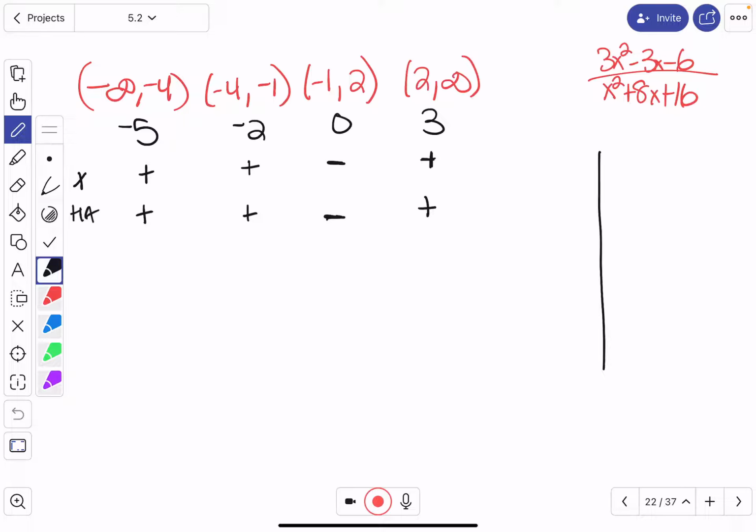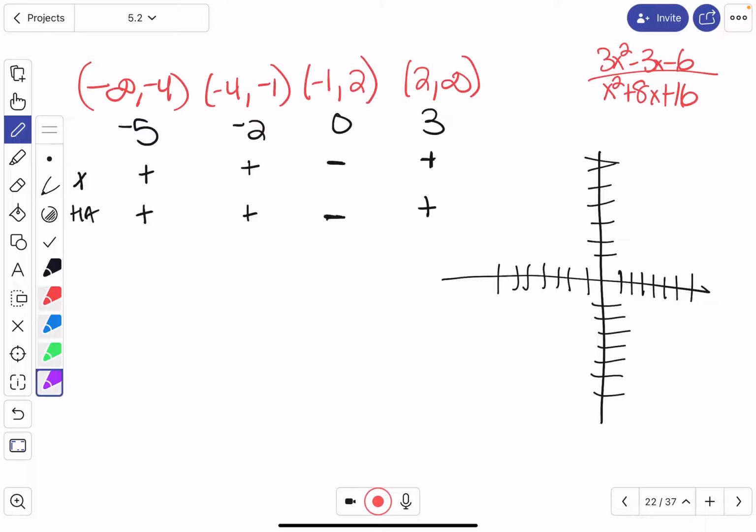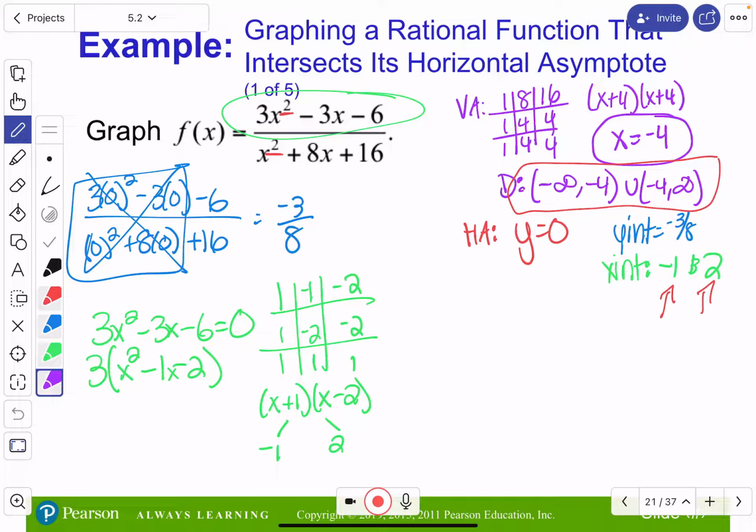So if I draw my graph, we're going to plot the asymptote, which was -4. And the horizontal one, they were equal, so it shouldn't have been 0.